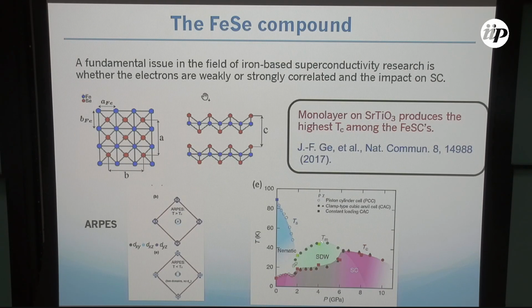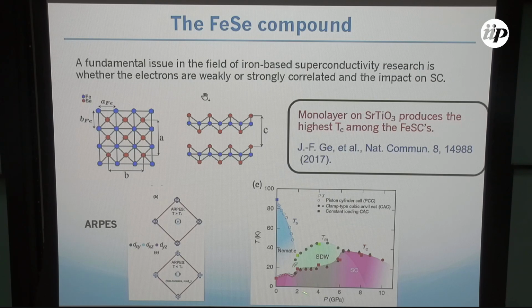And this is the phase diagram of the material. So this is temperature versus pressure. So at zero pressure here, this nematic phase onsets at around 90 Kelvin. And as we decrease the temperature, the system superconducts around 8 Kelvin. And there is no magnetic order here at zero pressure.